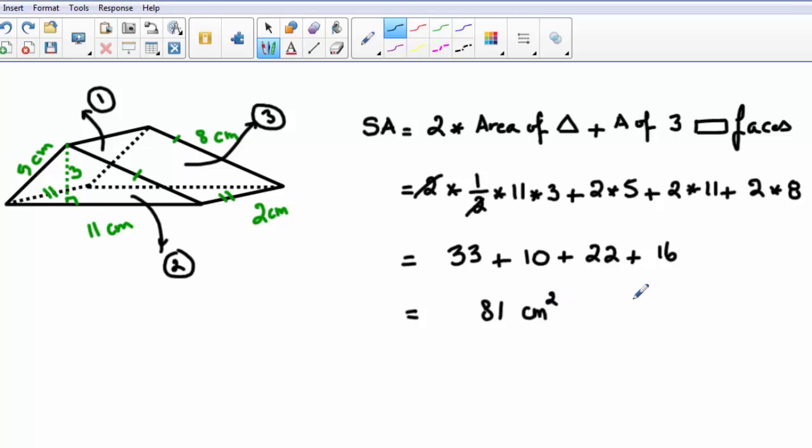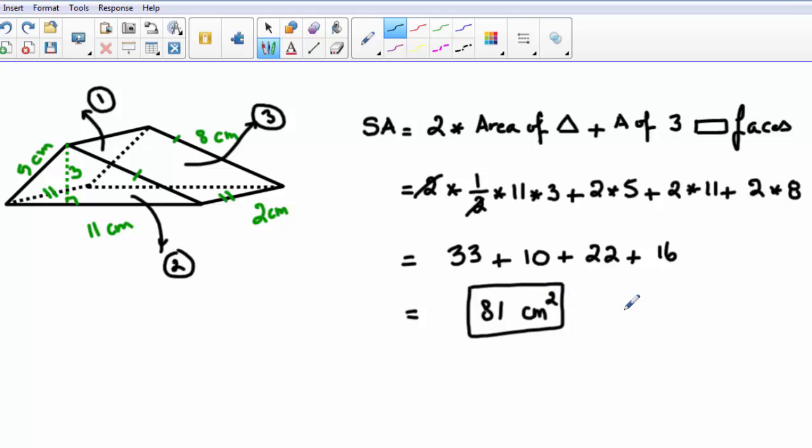Don't forget the unit, it's very important to mention the units. If I'm using centimeters in the drawing, that means centimeter, and because I'm talking about surface area, it's centimeter square. And the difference between area and volume is that in the volume I have to use centimeter cube.